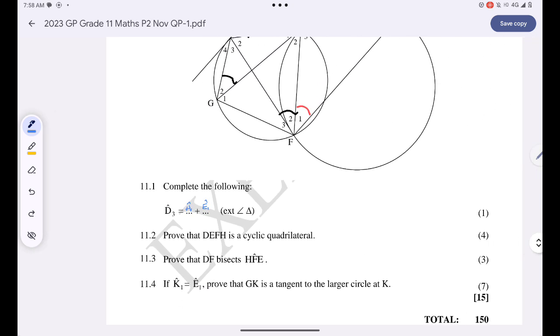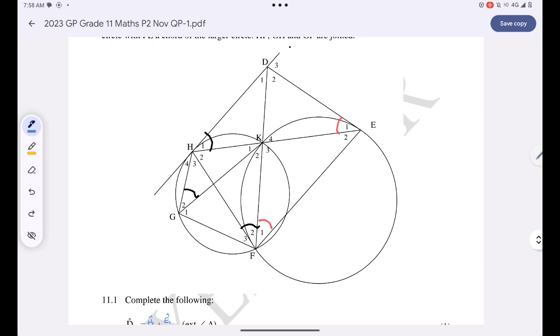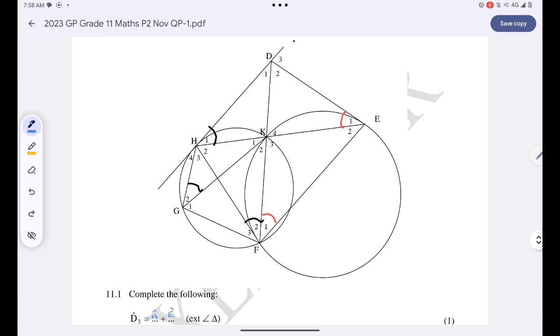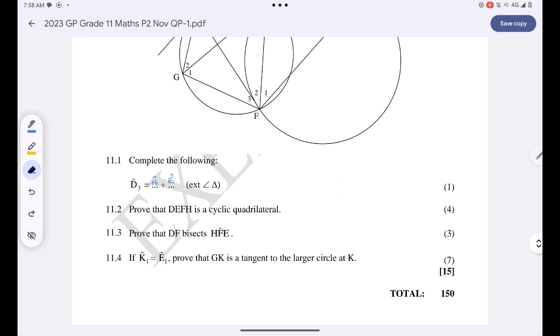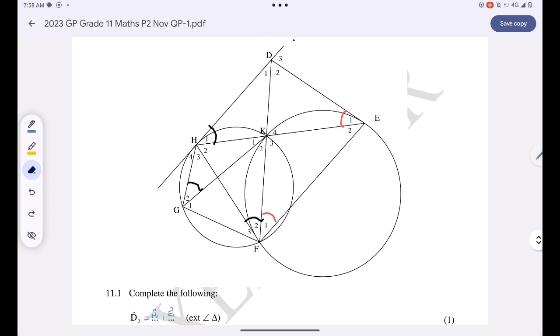Okay, and then now let me leave them. Prove that DEFH is a cyclic quad. Where is D? We are focusing on this shape.